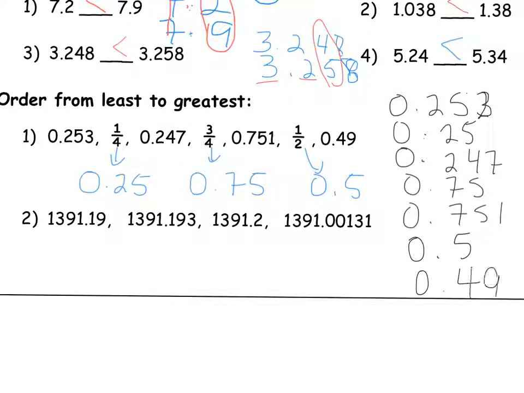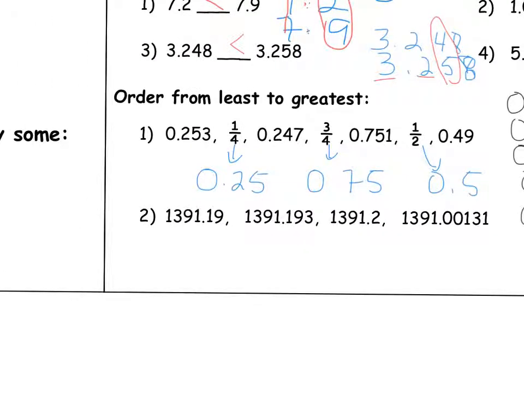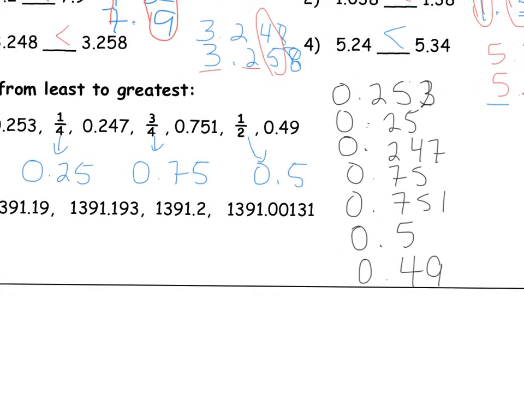And I'm going to make sure I have all my numbers. So I should have 1, 2, 3, 4, 5, 6, 7 numbers lined up.